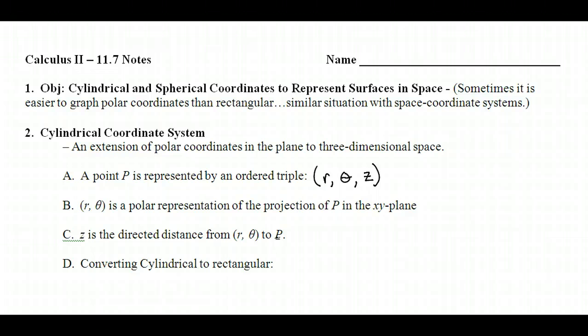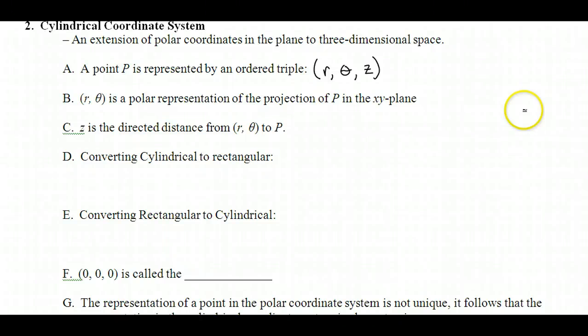What we really have to look at here is how we can do conversions, and they really don't change very much. If we're converting cylindrical to rectangular, I have cylindrical and I want to create rectangular. Rectangular means I have to figure out what x equals, what y equals, and what z equals. The nice thing is this really doesn't change, because I already know how to do it for polar.